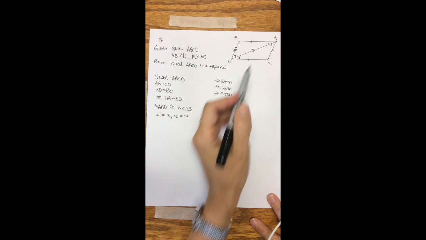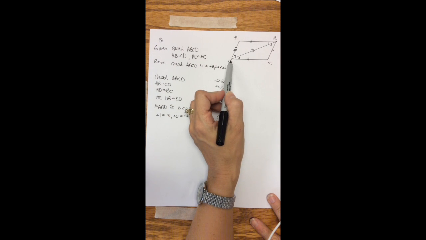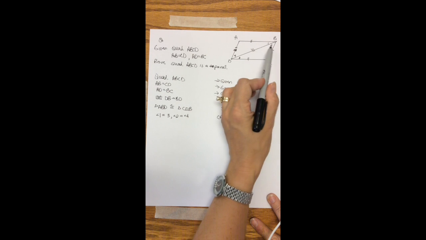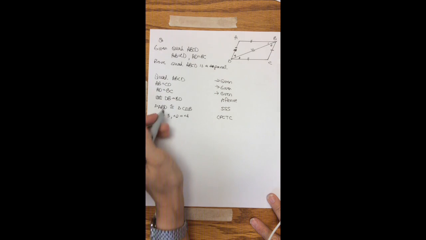So we have angle ABD is congruent to CDB. So corresponding parts of congruent triangles are congruent.